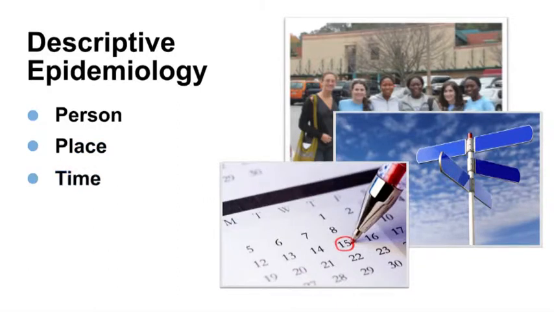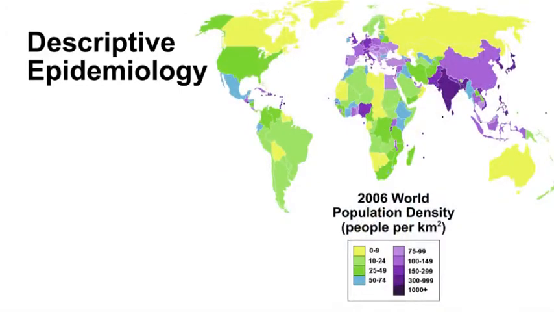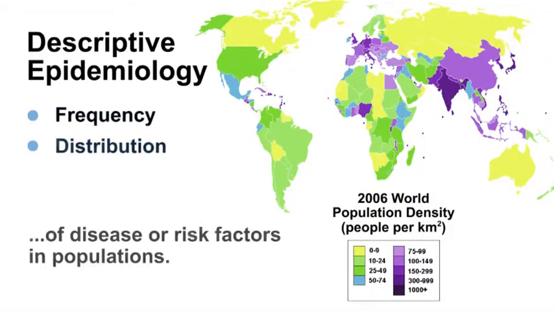When we ask, what is the distribution or pattern of a disease or health outcome in the population, we are talking about descriptive epidemiology. Descriptive epidemiology deals with the frequency and the distribution of disease or risk factors in populations.